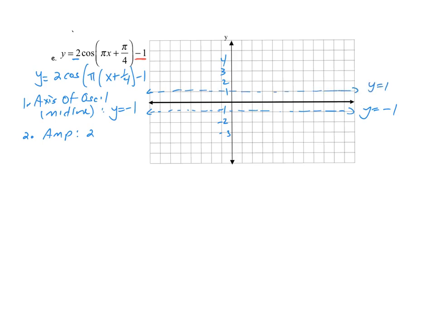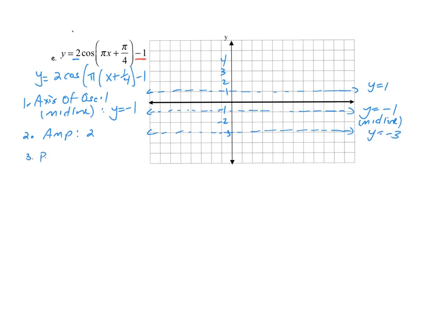That's going to be where our maximum is. And y equals -1, that was our midline. And I'm going to go down 2 units. So from -1 down 2 units will put us at -3. So we're at y equals -3. That's where our minimum values will go.